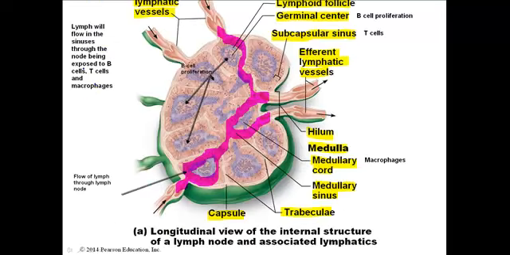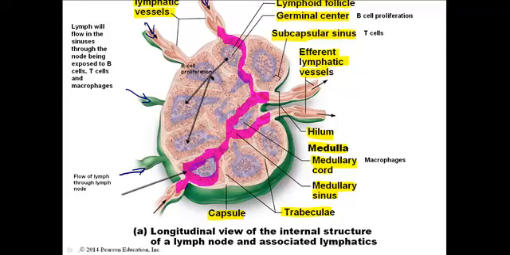So here's a lymph node, and what happens is that these collecting vessels will enter these afferent channels. It has a lot of afferent channels, right? So lymph is coming in.